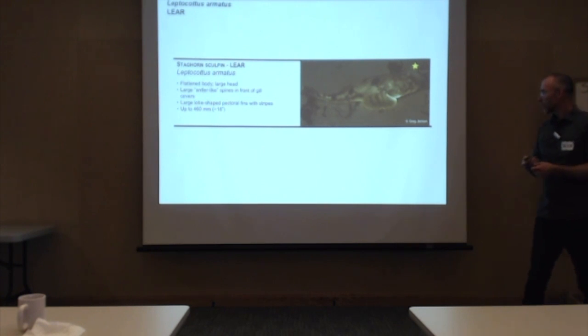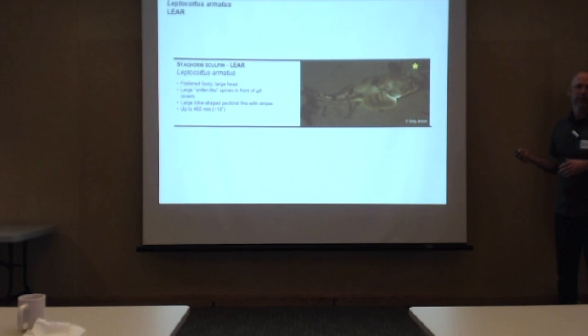Staghorn sculpin has a relatively flattened body and a really big head. Sometimes they're called bullheads around here. Anybody who's done any sort of plunk fishing from the shore in particular, as a kid, we used to catch these things like crazy. We call them the staghorn sculpin because of the large antler-like spines on their gill covers. They also have lobe-like pectoral fins.